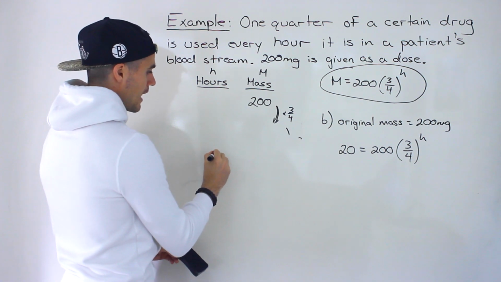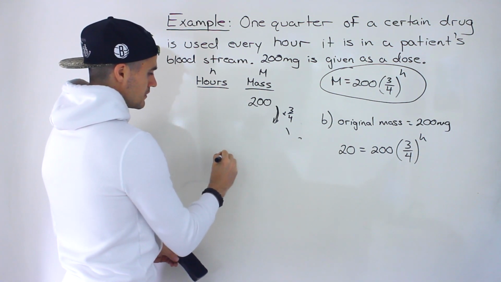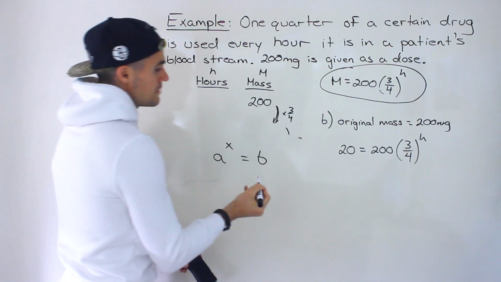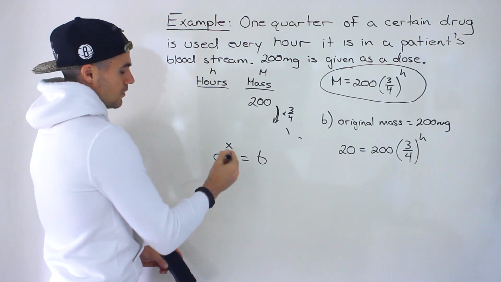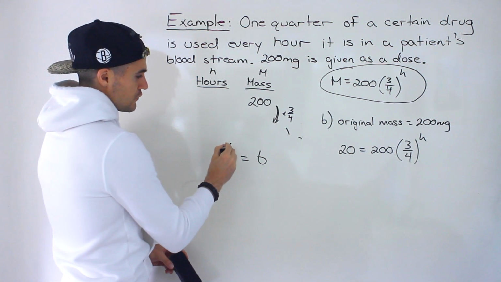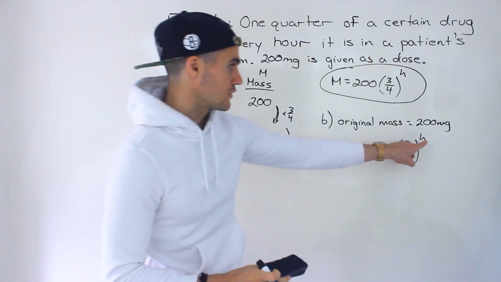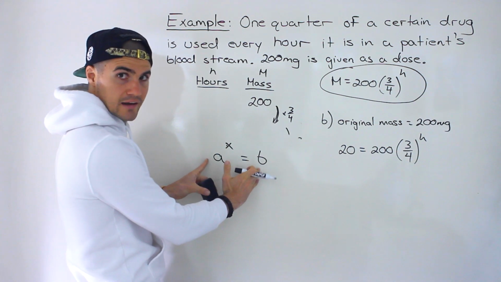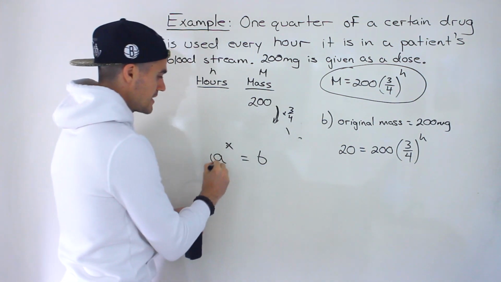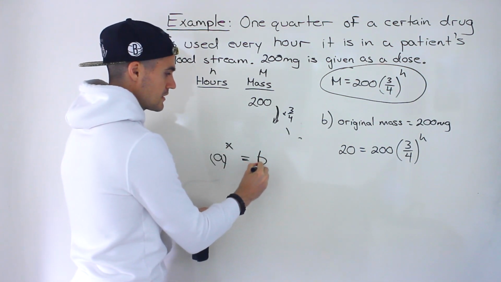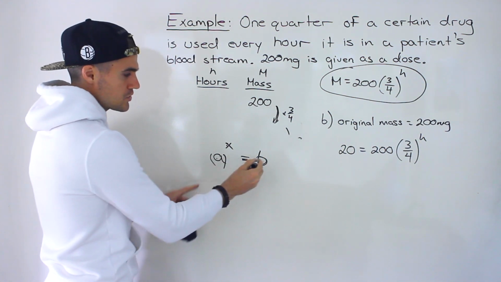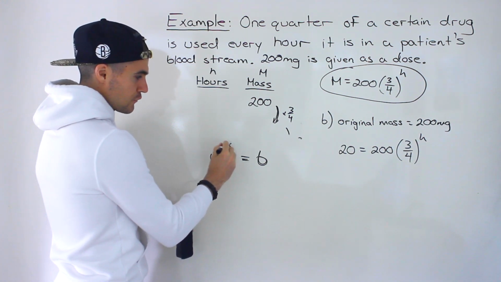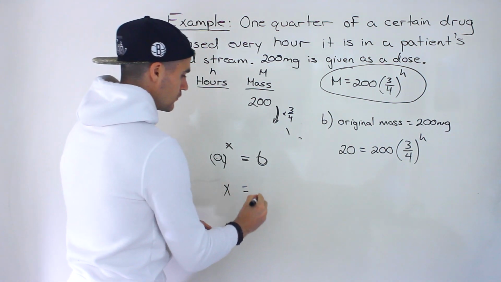So let's say that we have something to the power of x, and that's equal to b.